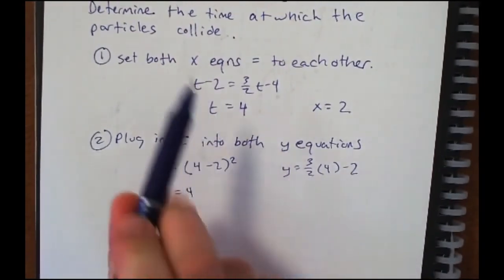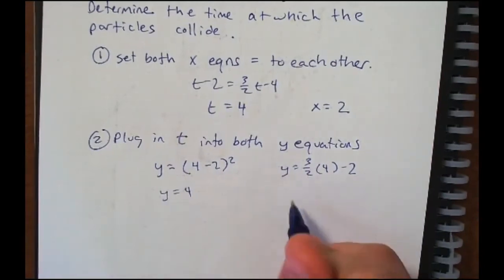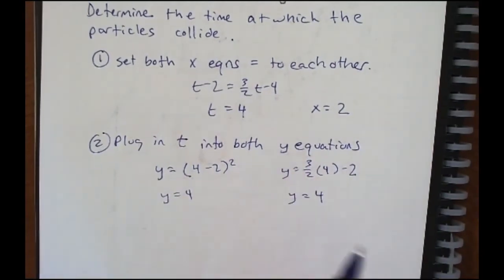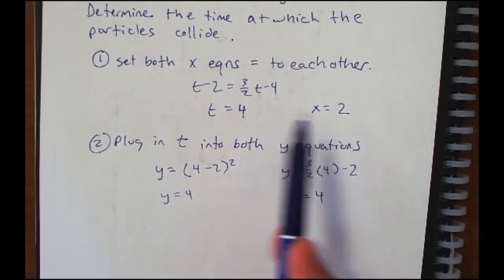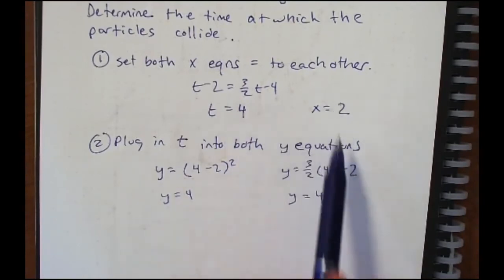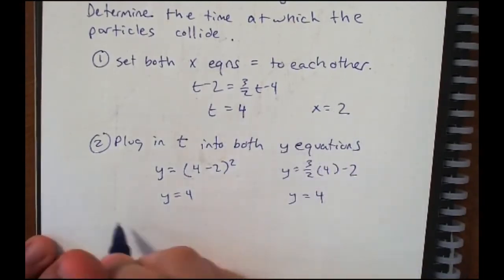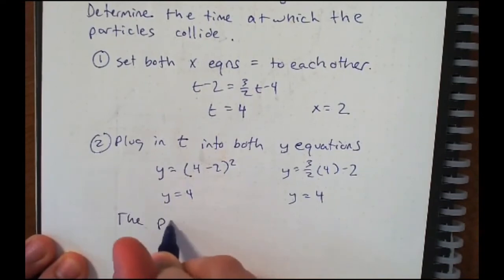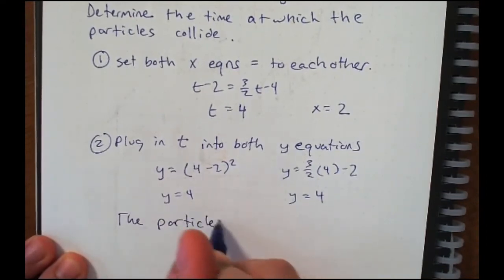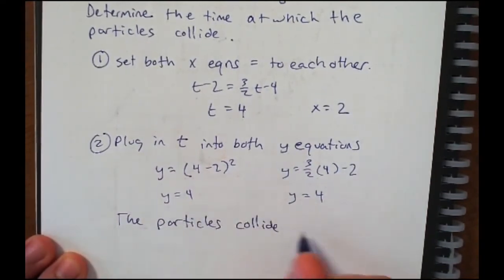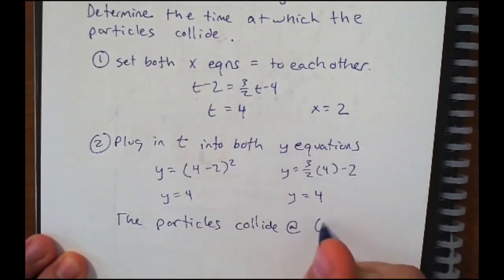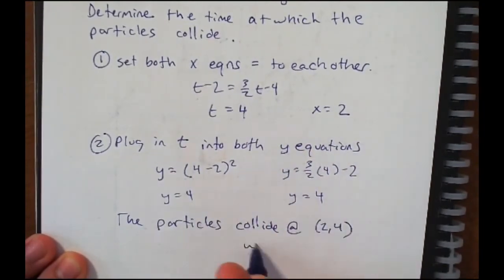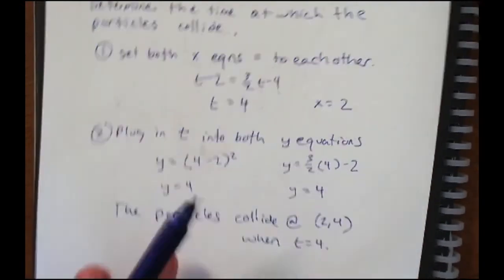And that's for particle A. For particle B, I also get y equals 4. So since these are the same when time is 4, I've got my collision. The two particles collide at (2, 4) when t equals 4.